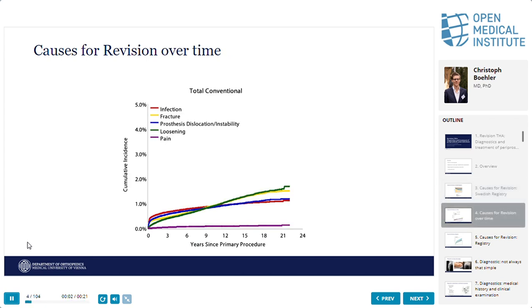Looking at the time period directly after surgery, within the first 7 years, infections are the most common cause for revision. Overall, it still is loosening, but in the first years, always think about infection.